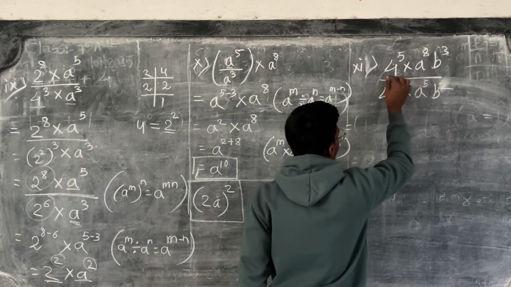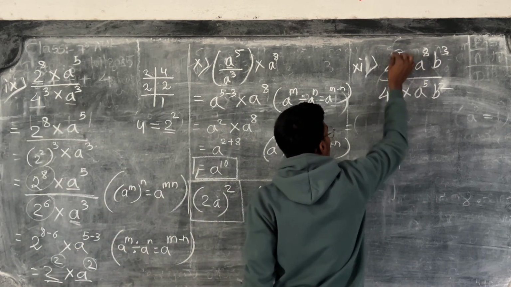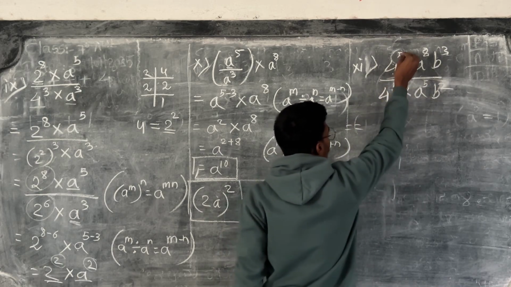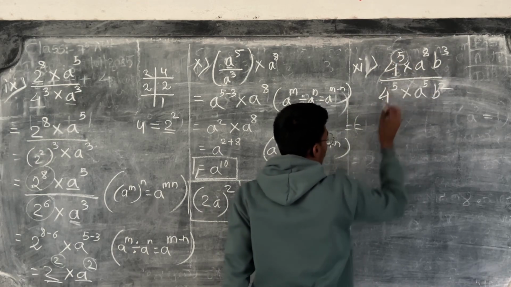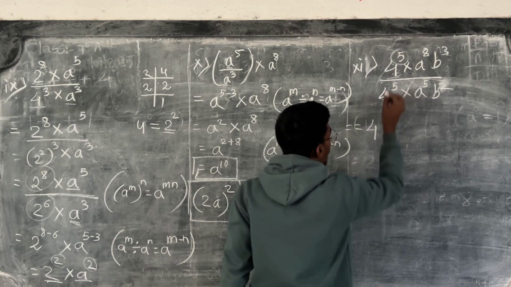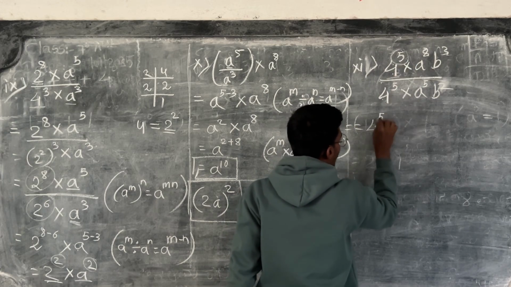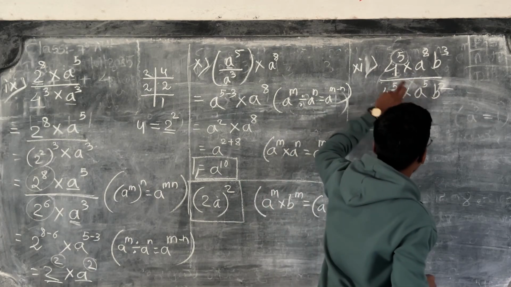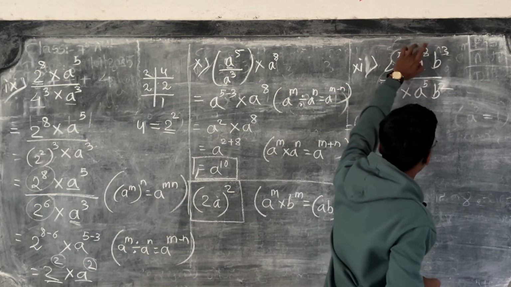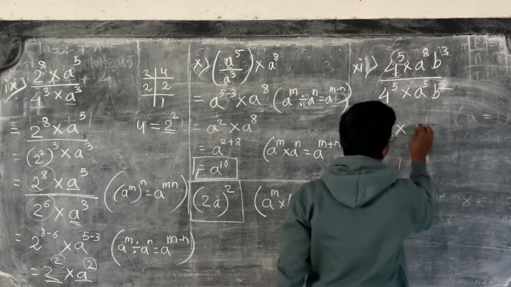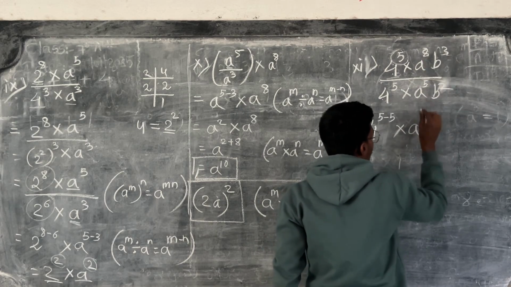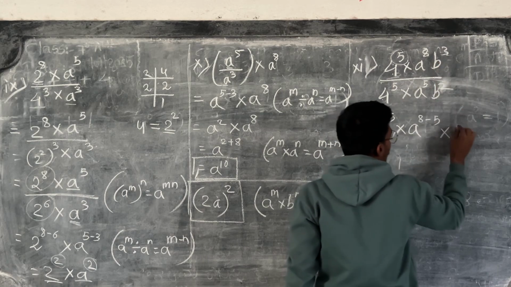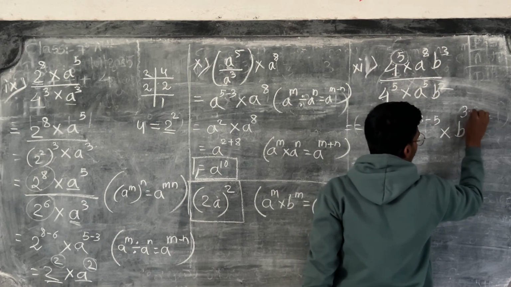In the next question, you can see base is same, power is also same, but both are in division. a to the power m divided by a to the power n. We have to subtract the power m minus n, that is 5 minus 5, into, again base is same and both are in division. a to the power m divided by a to the power n, a to the power m minus n, that is 8 minus 5, into, again 3 minus 2.